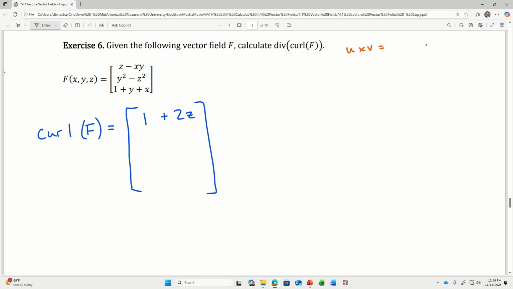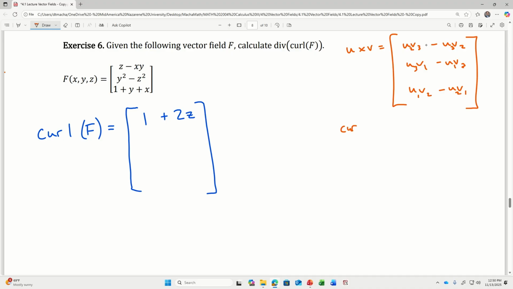It's going to help me if I write the cross product formula, so I'm just going to write it. So it's 2, 3, 3, 2, 3, 1, 1, 3, 1, 2, 2, 1.